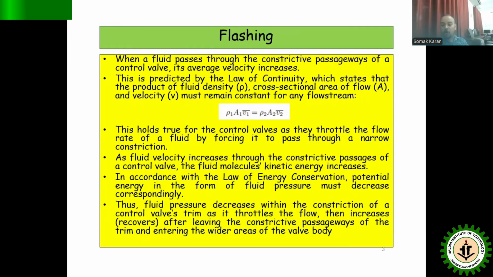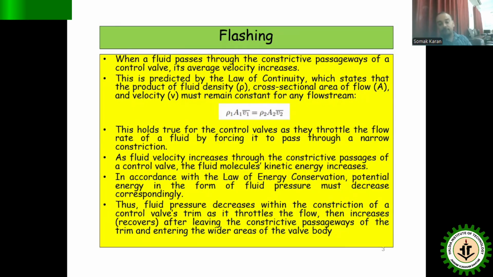In accordance with the law of conservation of energy, the potential energy in the form of fluid pressure needs to decrease. So whenever the velocity increases, the fluid pressure needs to decrease there. Thus the fluid pressure decreases within the constriction of a control valve and it throttles the flow, then increases after leaving the constrictive passageway and entering the wide area.